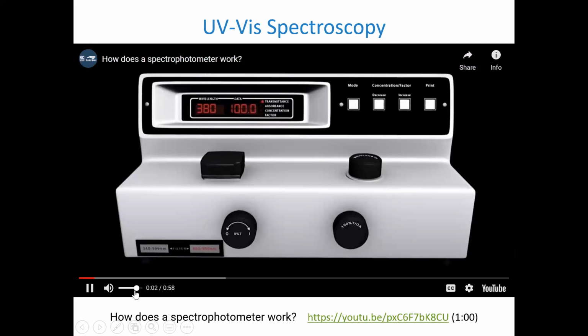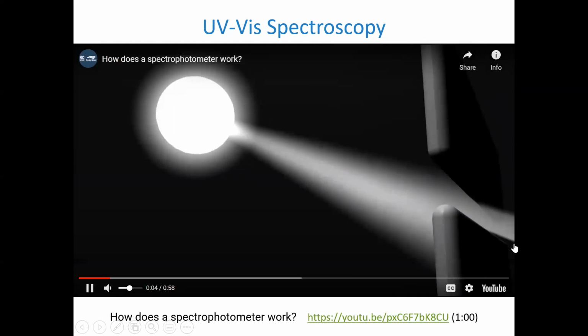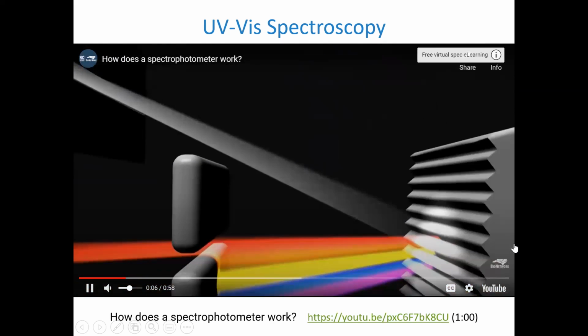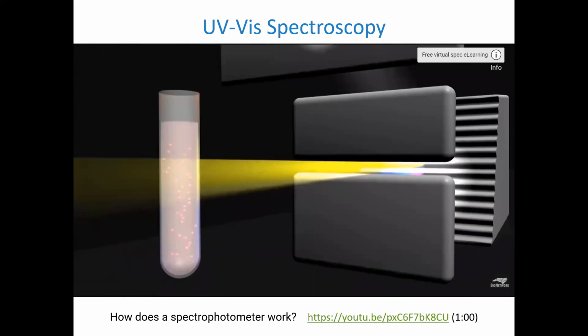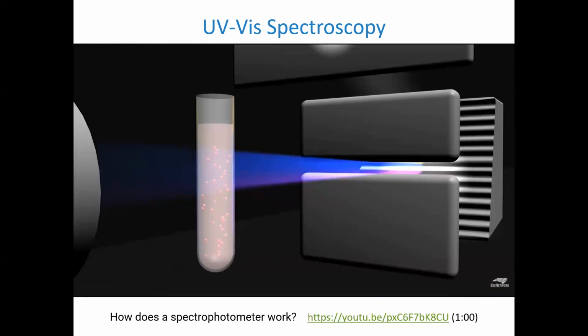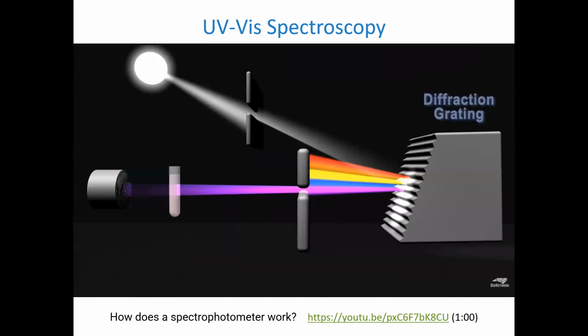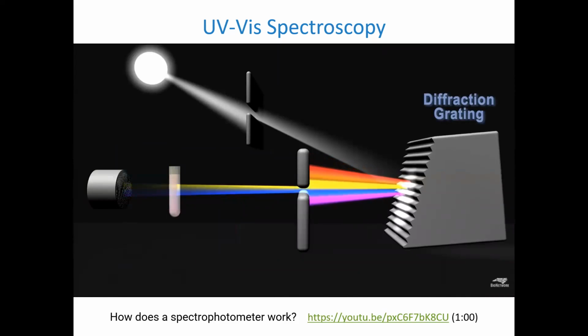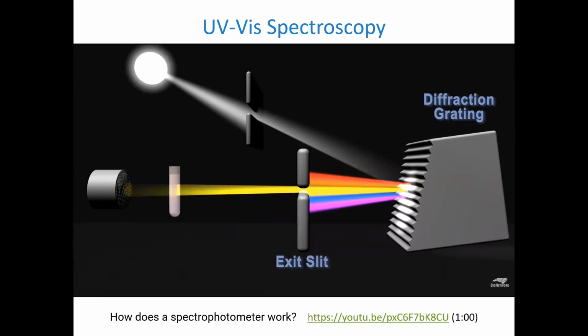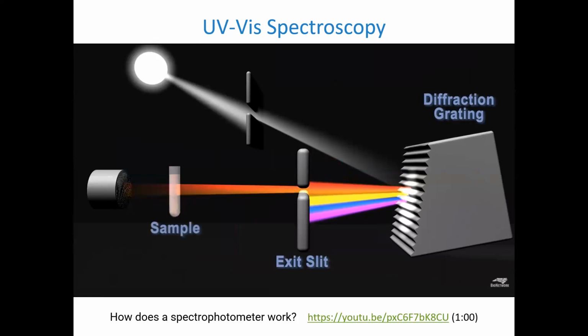Here's how a spectrophotometer works. A lamp provides the source of light. The beam of light strikes the diffraction grating, which works like a prism and separates the light into its component wavelengths. The grating is rotated so that only a specific wavelength of light reaches the exit slit. Then the light interacts with the sample.